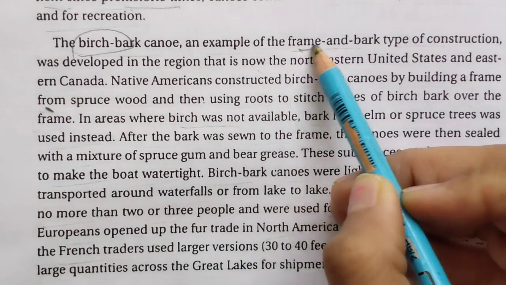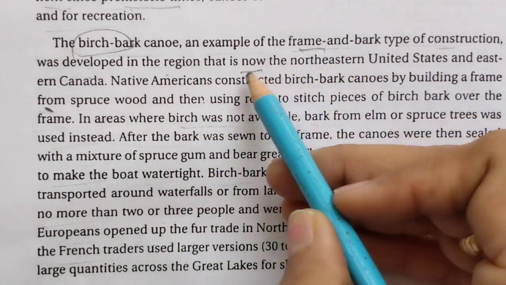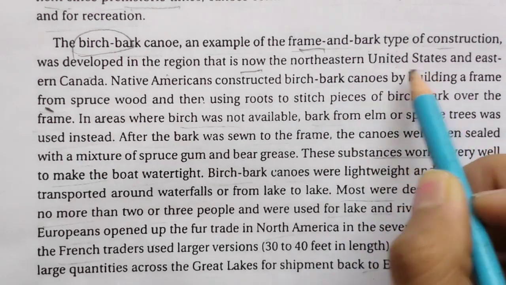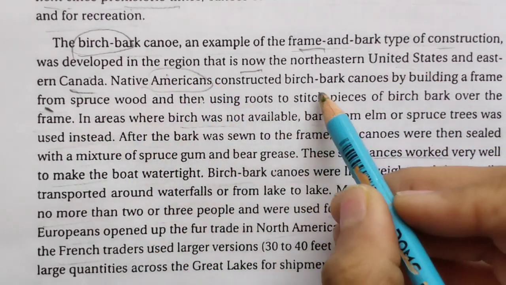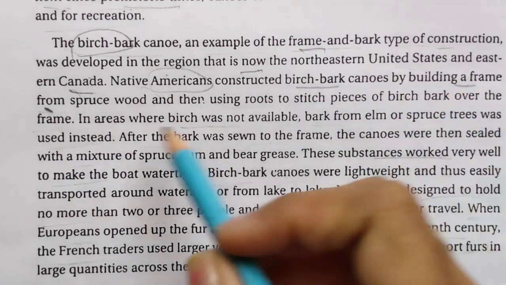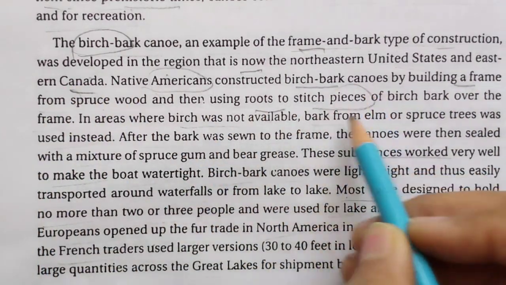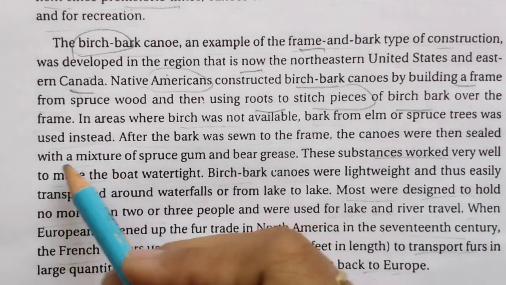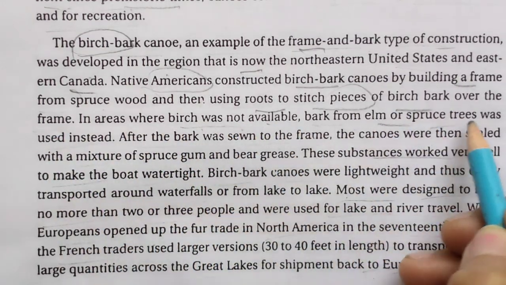An example of the frame and bark type of construction was developed in the region that is now northeastern United States and eastern Canada. Native Americans constructed the canoes by building a frame from spruce wood and then using roots to stitch pieces of birch bark over the frame. In the area where birch was not available, bark from another tree was used instead.